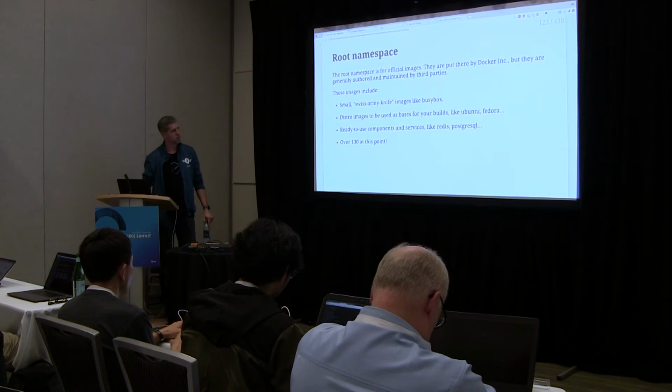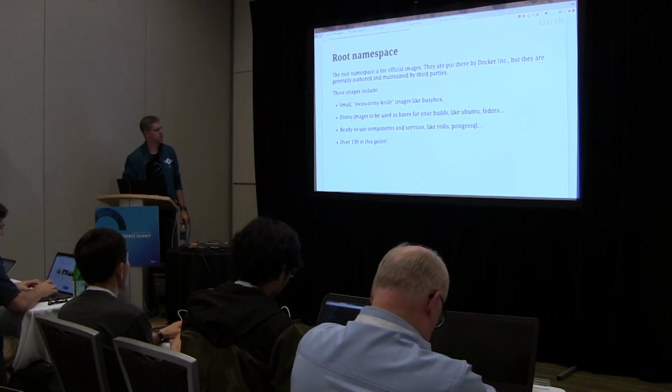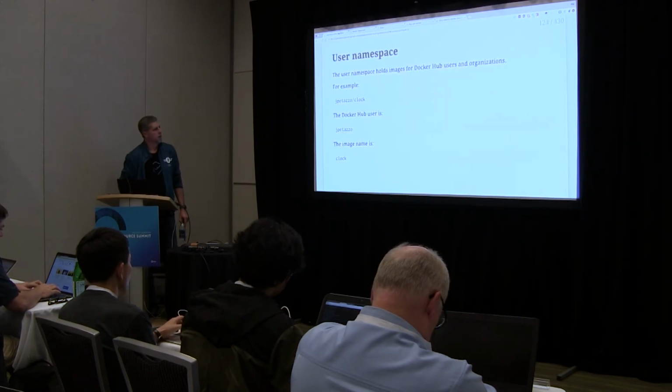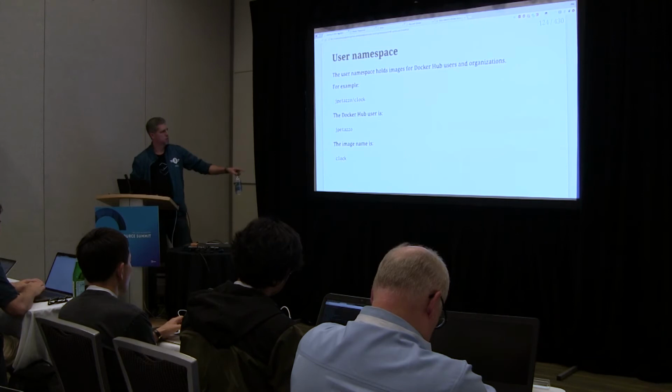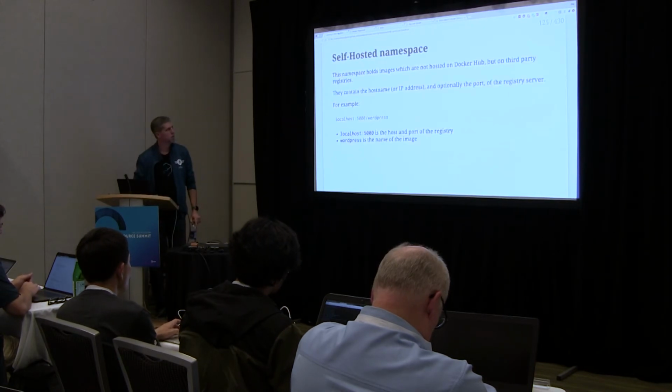We won't talk through this, but again, if you don't specify a namespace, that's where the Docker official images are hosted. They're maintained. They're not just put out there and left. They're actually maintained on a regular basis. Your own namespace is based on your DockerHub user ID.